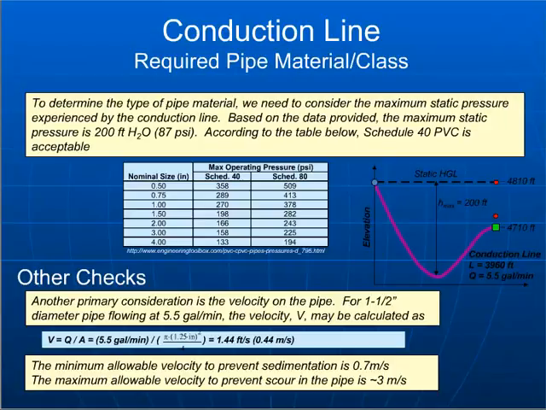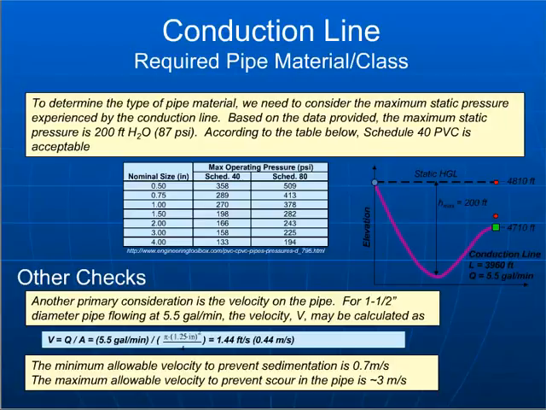The velocity of water in the pipe can become an issue if the velocity is too slow in the pipeline. So you can, of course, calculate the velocity in the pipeline by taking your flow rate and dividing it by the cross-sectional area. In this case, it turns out to be about 0.44 meters per second to move that 5.5 gallons per minute through the pipe.